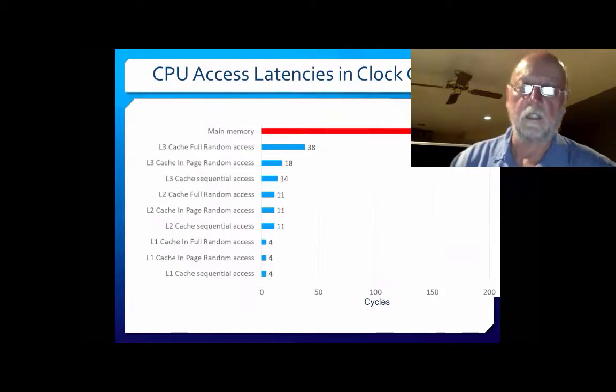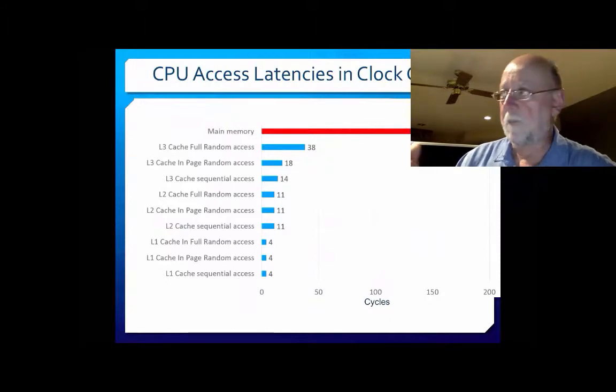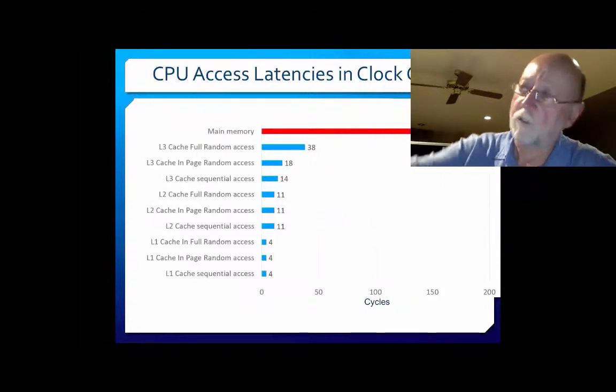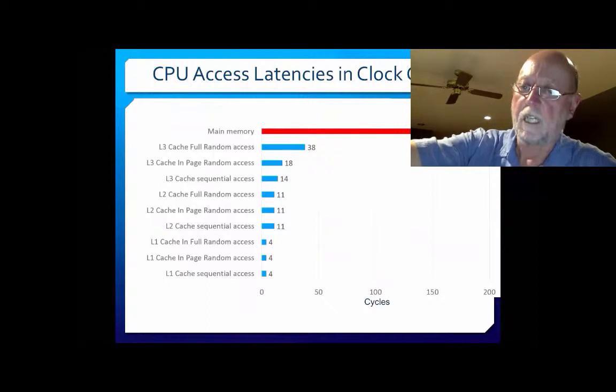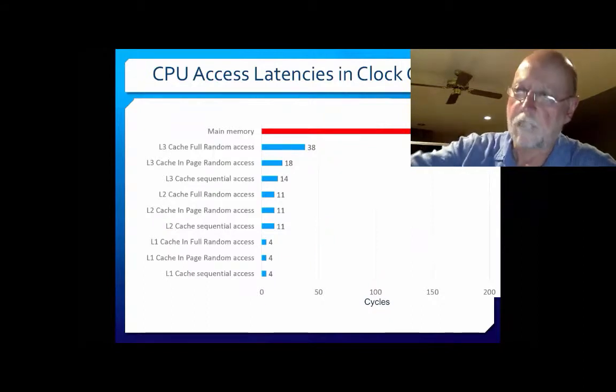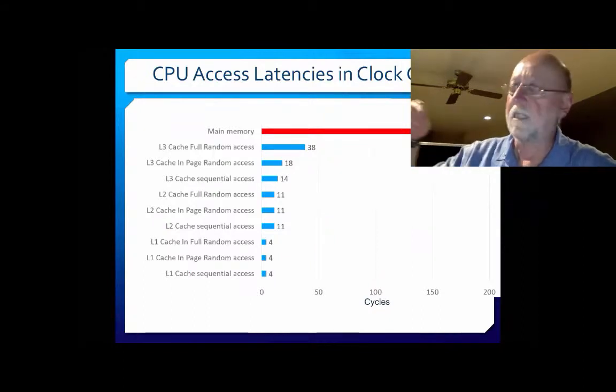So if we take a look at how long it takes to get the data to the processor on our chips today, the main memory bus runs at a certain rate, and that rate says that if we're going to read something from DRAM, it takes 167 cycles from the time we issue the read until the time that information appears in the cache of the machine. 167 cycles.